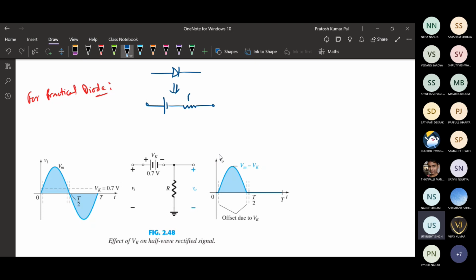For the analysis, this resistance is the forward resistance, and this voltage source will be the cut-in voltage, or we can call it the knee voltage or threshold voltage. The knee voltage is V gamma, here represented as VK.